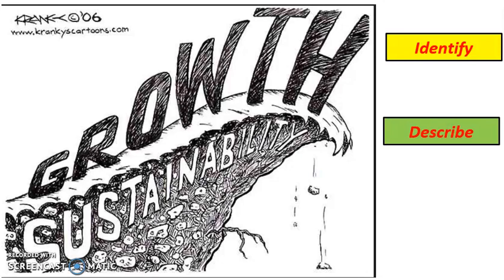So in looking at this one, we can see on the cartoon we've got the word growth, which is getting bigger as we head towards the edge of the cliff. And underneath it, we have the word sustainability, and as we head up the cliff, it's getting smaller. The other little bits we see is that we've got little bits of the cliff starting to fall away, and you can see the little root sticking out from the side, suggesting that the cliff is getting a bit crumbly.